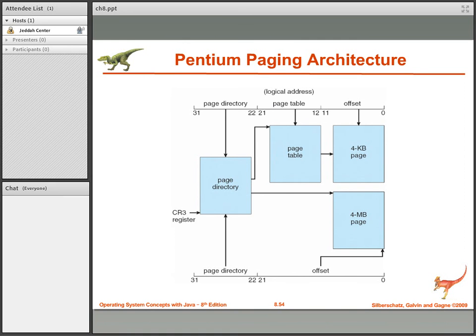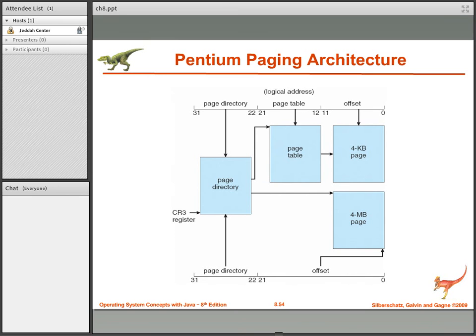This is the paging architecture of the Pentium. You have the page directory at the higher level, followed by the page table, followed by the offset. This is the logical address.